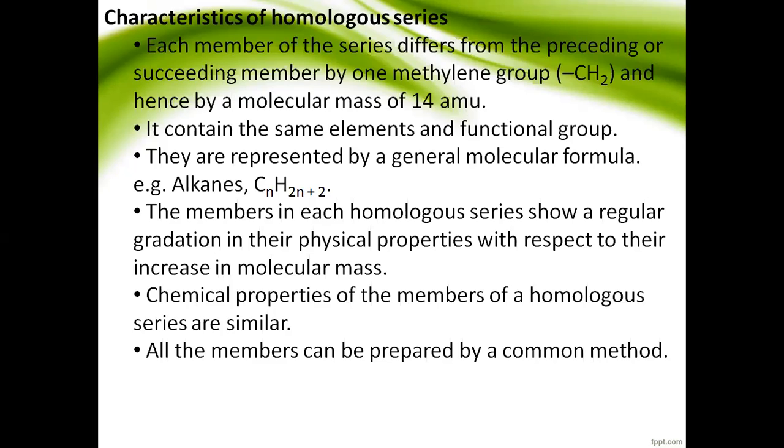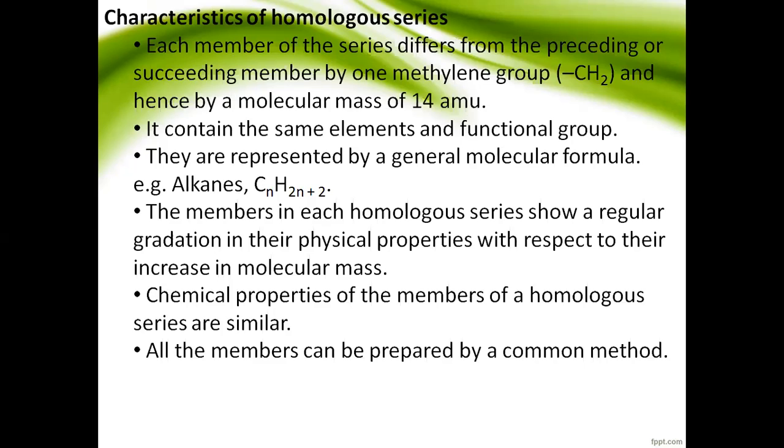So the small CH2 group difference is one of the characteristics of the homologous series. All members of a homologous series contain the same elements and the same functional group.